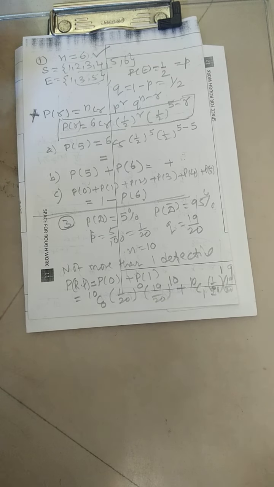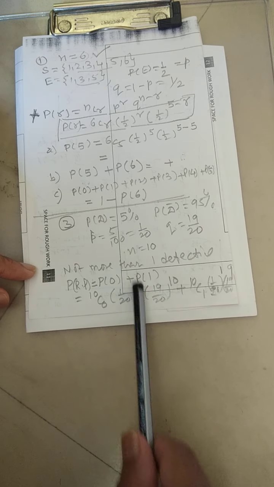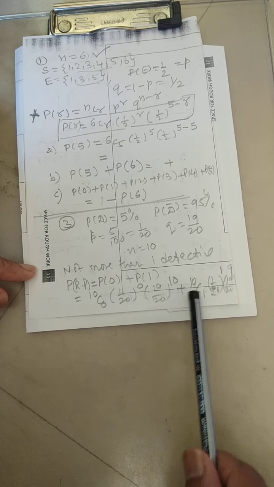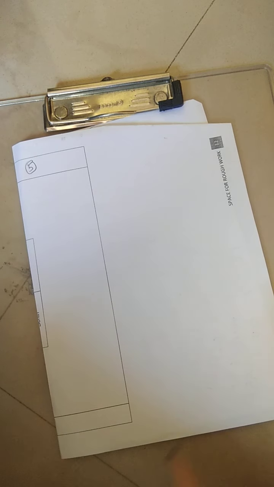Whenever higher powers are there, you will be keeping like this. But this is a way up. This 10C0 and 10C1, that you can simplify, because 10C0 is going to be 1 only, and 10C1 is 10. So 19 by 20 raised to power 10, and slightly a little bit simplification you can do. So this way you have to identify what is P, what is Q, what is n in all questions. The next question is question number 5.